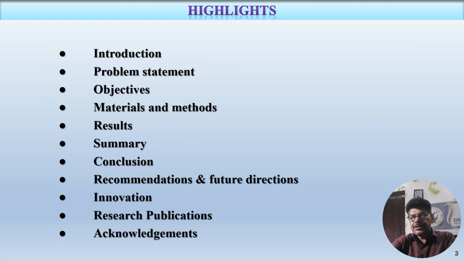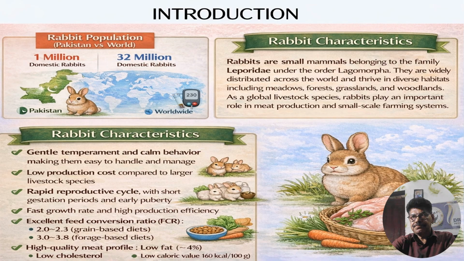These were the highlights of the seminar. The rabbit population in Pakistan is 1 million domestic rabbits and 32 million all over the world. Rabbits are small mammals belonging to the family Leporidae under the order Lagomorpha.